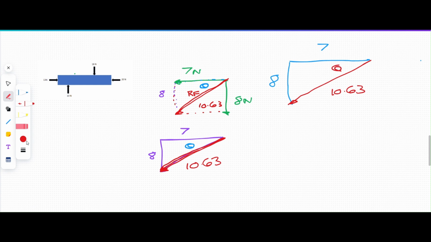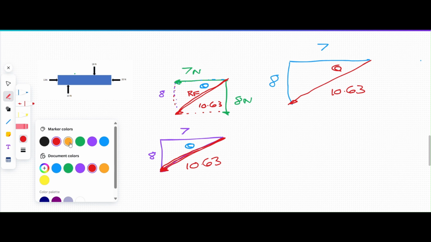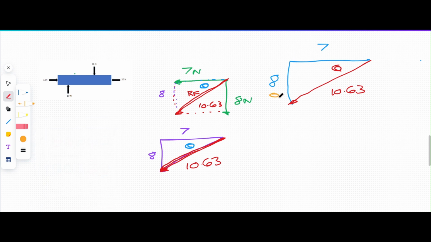So like previously, I'm going to label up my forces. The 8 is the opposite, because it's opposite to the angle. The 7 is adjacent, because it's adjacent to the angle I'm working out. And the longest side is always going to be the hypotenuse.